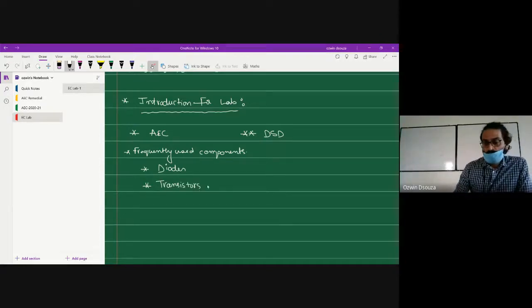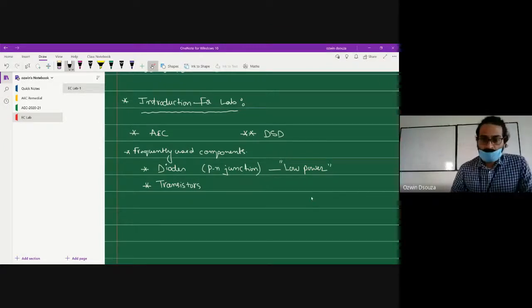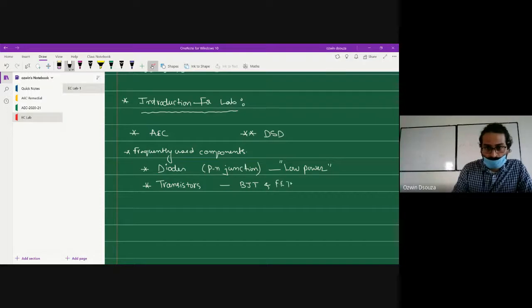The diodes are PN junction diodes, which are low power diodes; they have a low power rating. The high power diodes you will use in the power electronics lab. And in transistors, we would be talking about both BJTs and FETs.